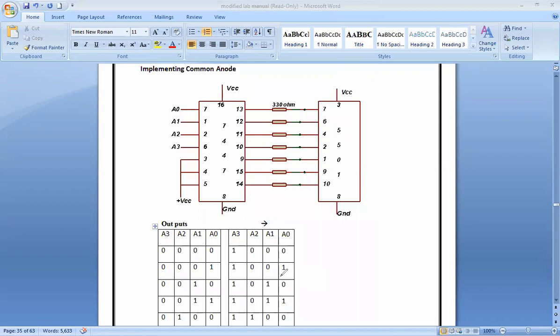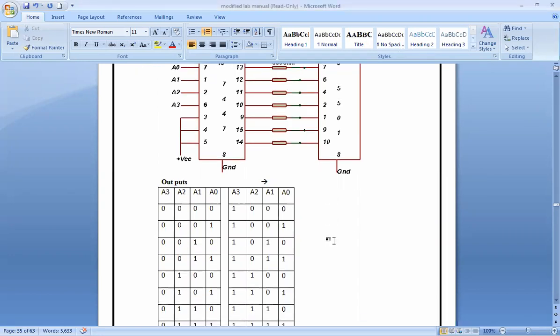A3 will be my MSB or LSB? A3, MSB, right? And A0 will be here. That is what you can actually see here in your tabulation.